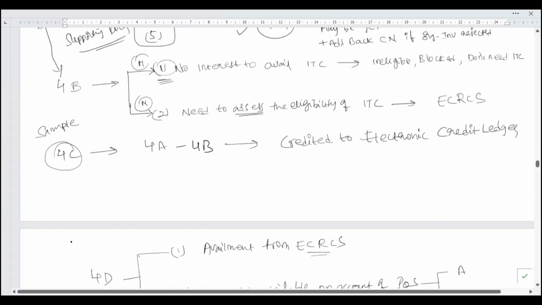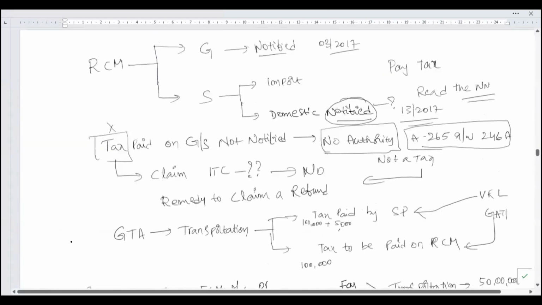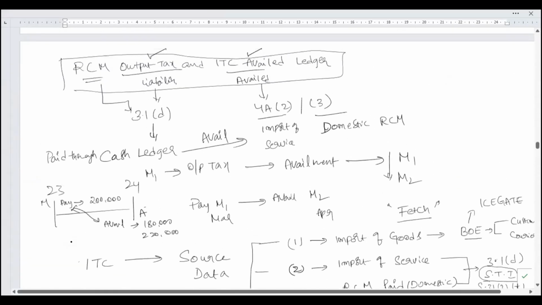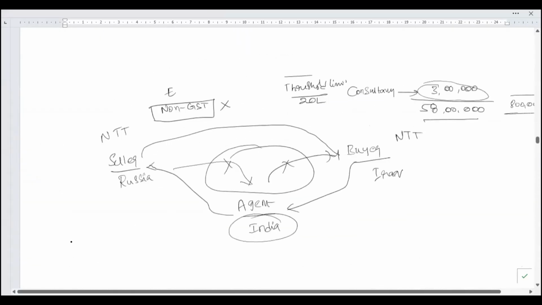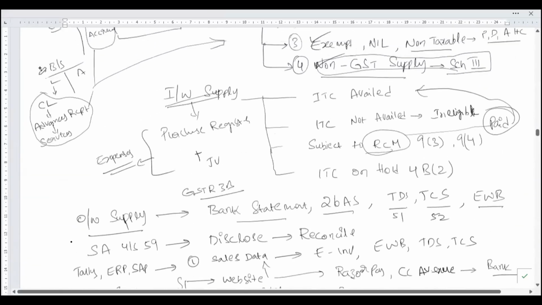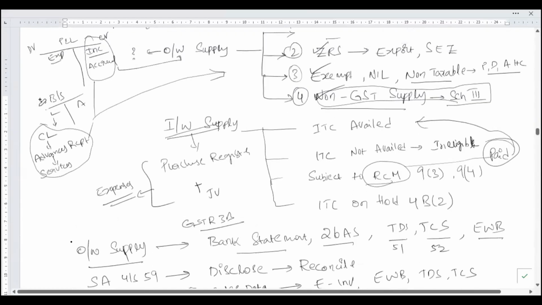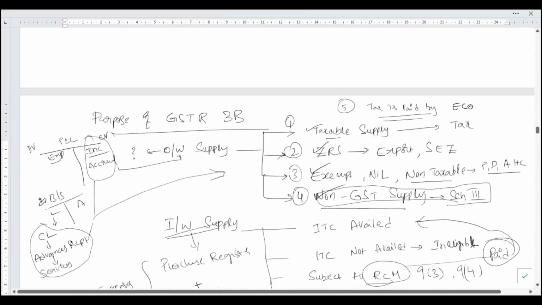Table 3 is your output tax. 3.1D, I would say 3.1. Entire this table, what we have understood here is your table 3.1. 3.1 is your output tax plus reverse charge 3.1D. So here the government will get to know how much money I am going to get from, say, Praveen.